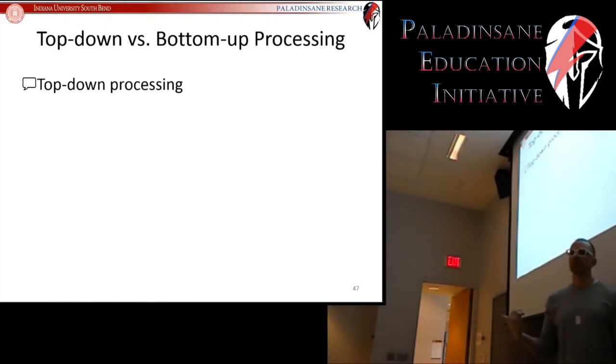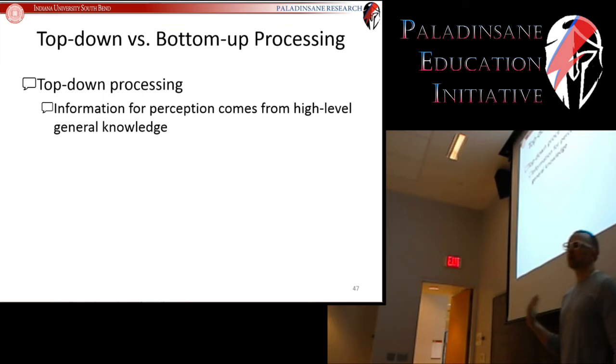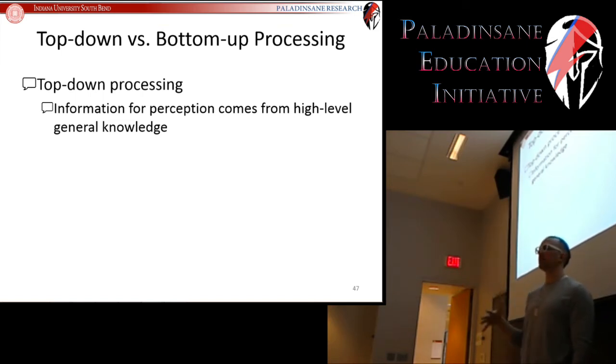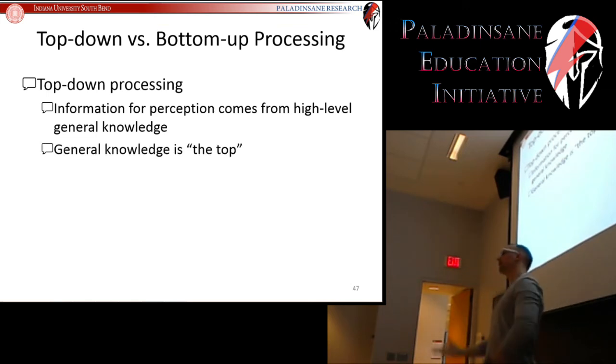The opposite of that is top-down processing. This is when information for processing comes from higher-level general knowledge. So this higher-level knowledge is considered the top. In bottom-up processing, you've got the stimulus down here, and the stimulus works its way up until you have your perceptual experience. In top-down processing, after the stimulus works its way up to your perceptual experience, you still have almost no idea what you're looking at until your top-down processing comes and further processes that information.